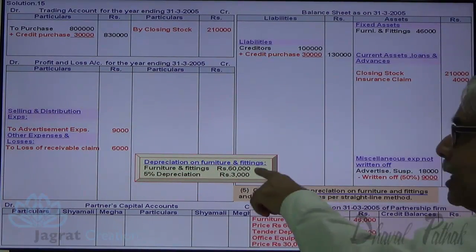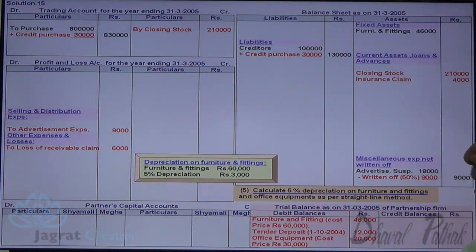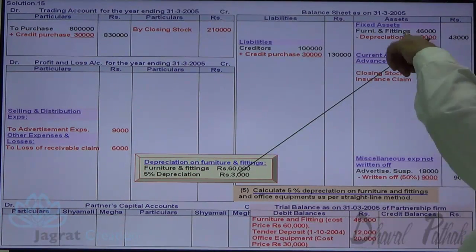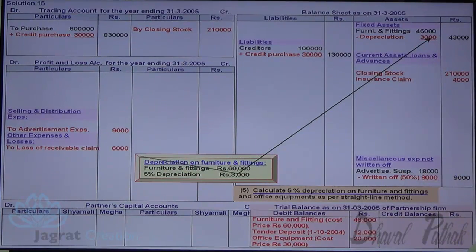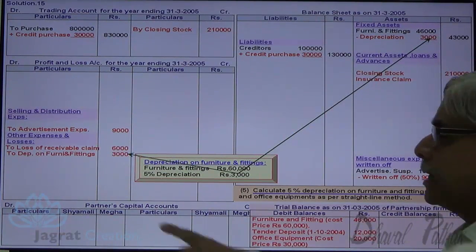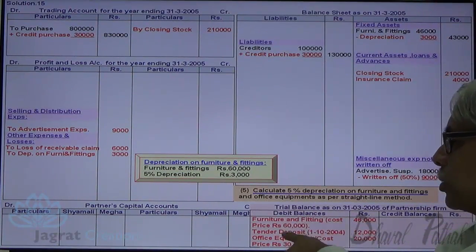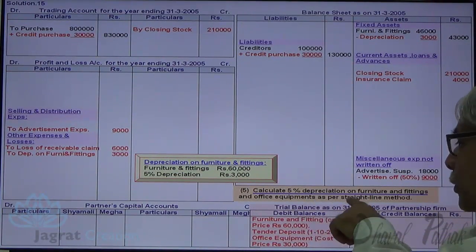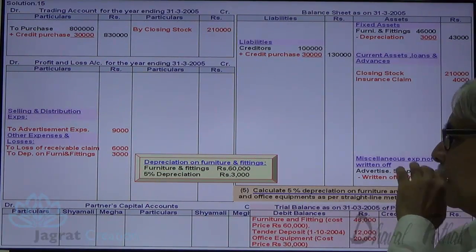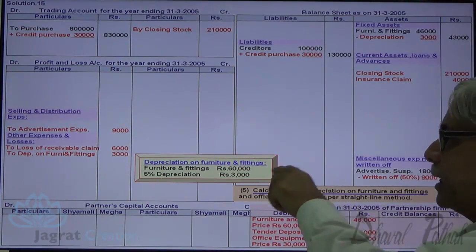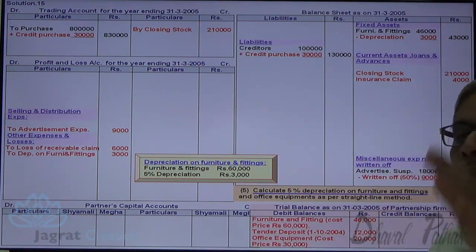So 60,000 into 5%, 3,000 depreciation, deducted from balance of furniture and fittings, 46,000 minus 3,000, 43,000, and this 3,000 depreciation is debited to profit and loss account. Here the depreciation is to be calculated by straight line method, and in straight line method the percentages are applied to the cost, not to the written down value.